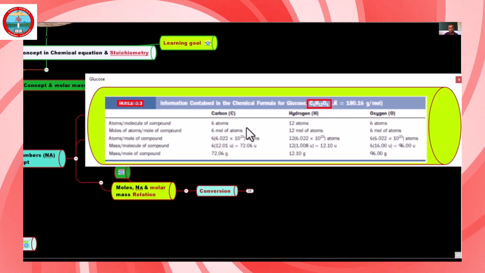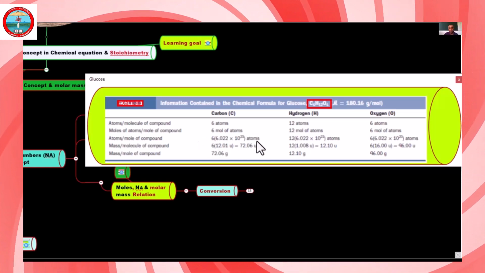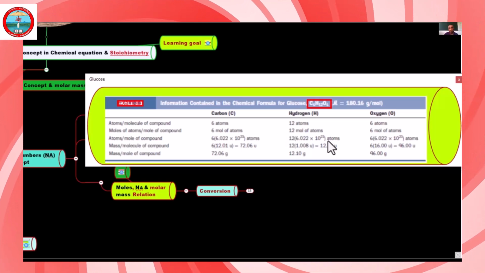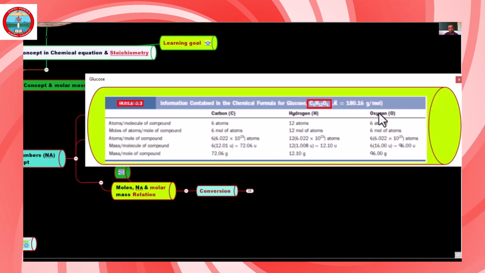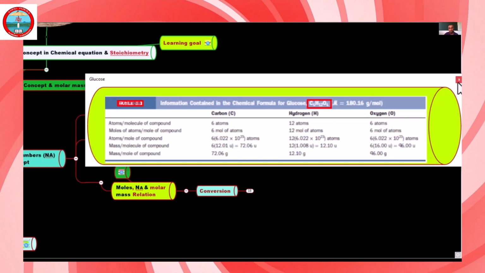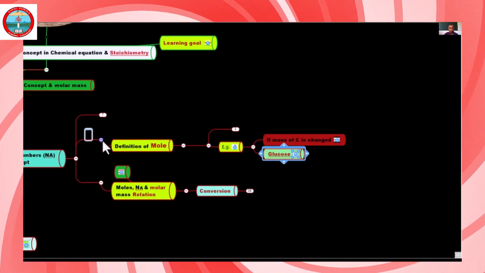In terms of the Avogadro number, we have 6 times the Avogadro number of carbon atoms, 12 times the Avogadro number of hydrogen atoms, and 6 times the Avogadro number of oxygen atoms, and the like. This is one example of the concept of the mole.